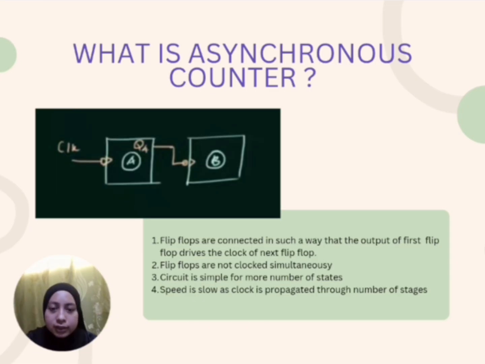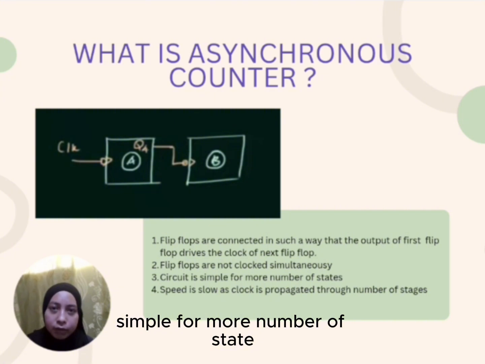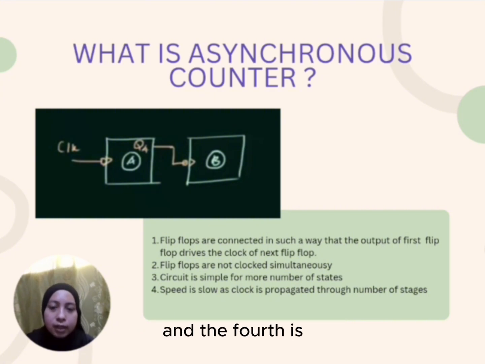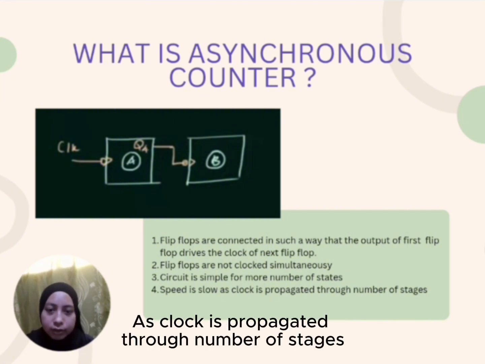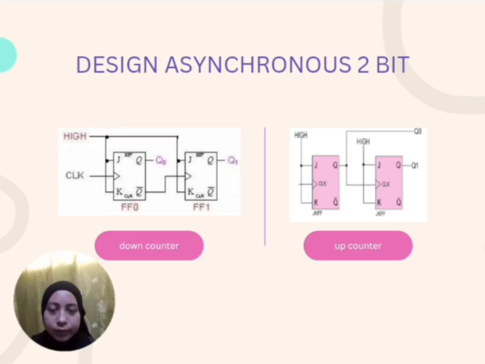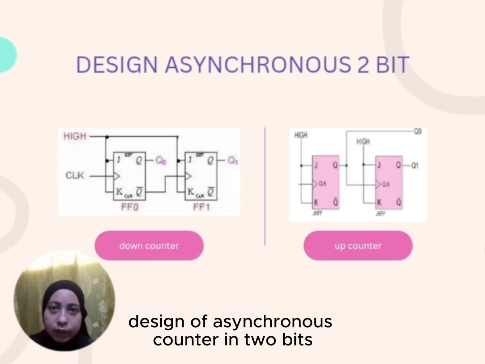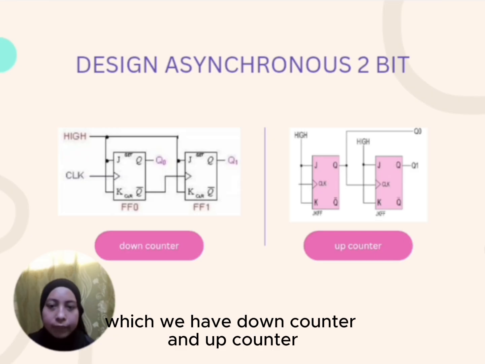The third one, circuit is simple for more number of states. And the fourth is speed is slow as clock is propagated through a number of stages. So this is the design of asynchronous counter in 2-bit, which we have down counter and up counter.